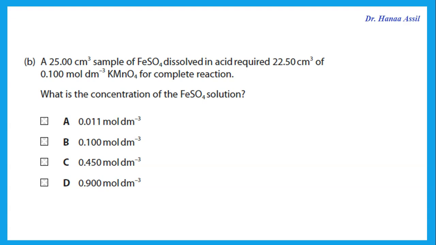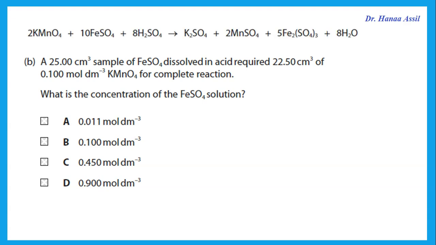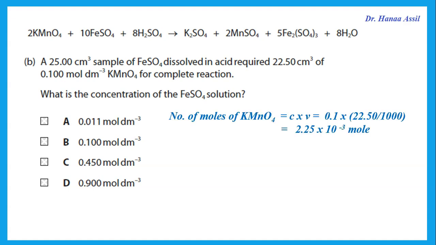So what do we have here? We have FeSO4 in that equation, and he's saying I have 25 centimeter cubed of that. I'm titrating it with potassium permanganate, volume and concentration, so I can get the number of moles of potassium permanganate, concentration times volume. Again, do not forget to divide the volume by 1,000 to change it to decimeter cubed.